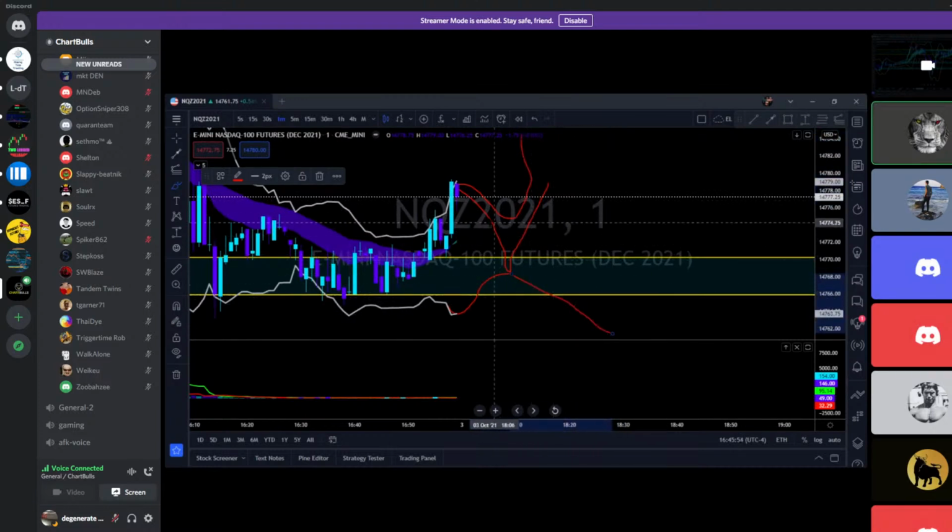And price just comes in here, pokes it, and then takes off, right? With the cloud still showing bullishness. So that's how you could possibly do that. How a long would look like, I guess. Get rid of all the stuff here. I've drawn all over this.